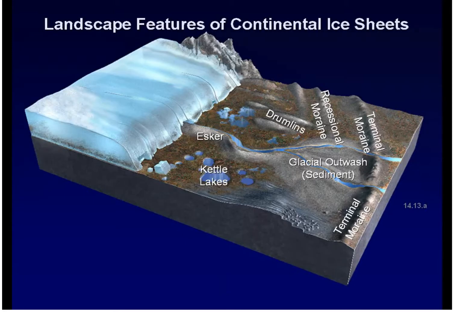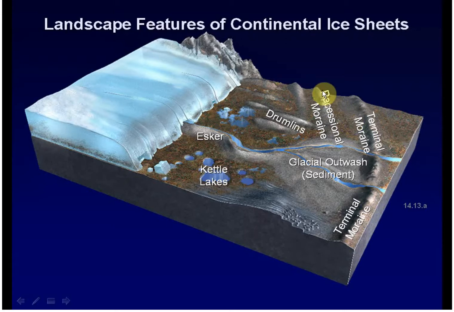So some landscape features, and we've got various features here of a continental ice sheet, similar to the mountain glaciers or valley glaciers. We've got the furthest extent over which the ice sheet moved across the land and left a terminal moraine here at the end.